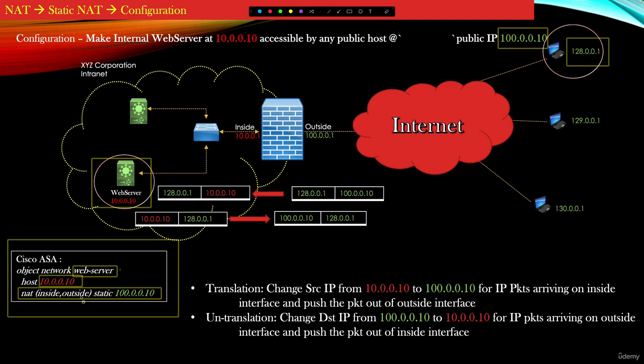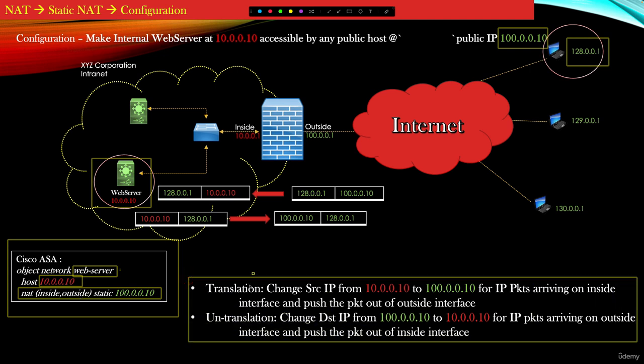The concept is the same across all devices. The only difference you will find is in the syntax of the statements or configurations, right? So focus on the concept. Here I have written in simple English words that this particular network address translation configuration has 2 meanings. One is for translation and another is for untranslation.